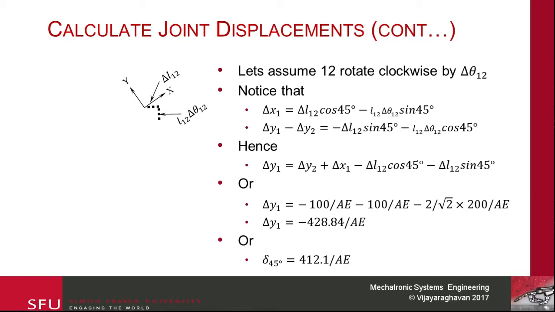If I wanted to calculate delta 45 degrees, I'm going to recall from the previous slide that I can calculate it as delta x1 cos 45 plus delta y1 sine 45. If I do that, I'll notice that delta 45 is equal to 412.1 over AE. It will actually have a negative sign based on the direction in which you're looking.